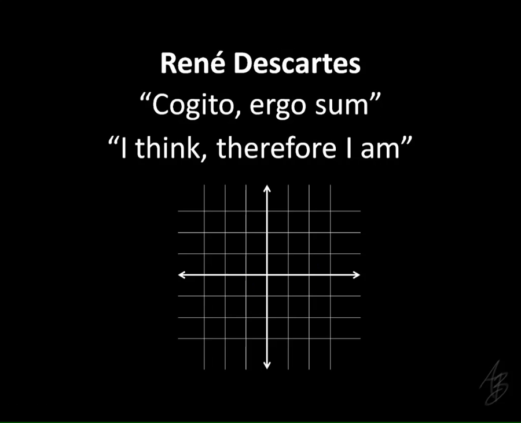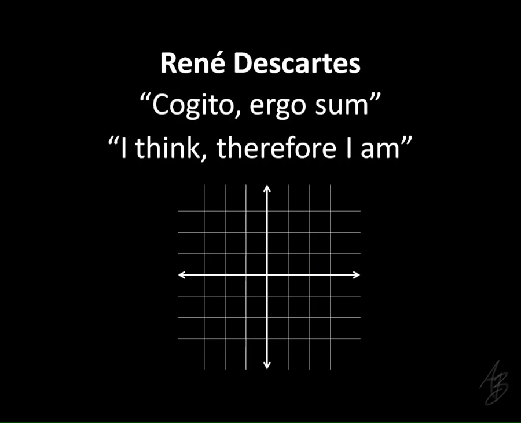Here's what he's known for in the math world. He developed the coordinate plane. Now, almost everything we do in modern math is done on the coordinate plane, at least in modern geometry. If you take a calculus or pre-calculus class, it's analytic geometry and calculus.